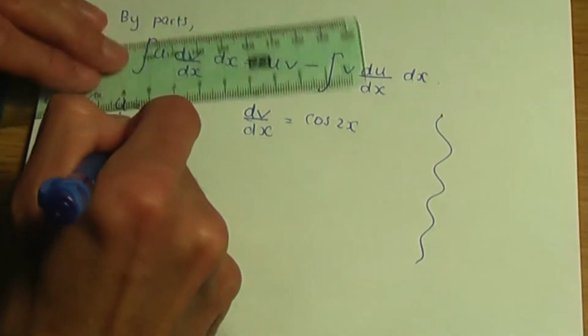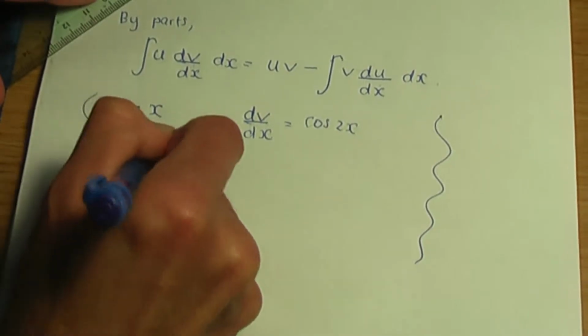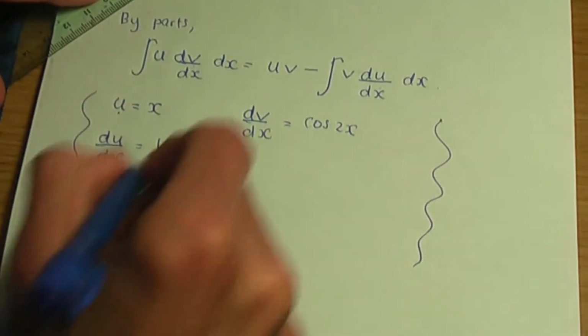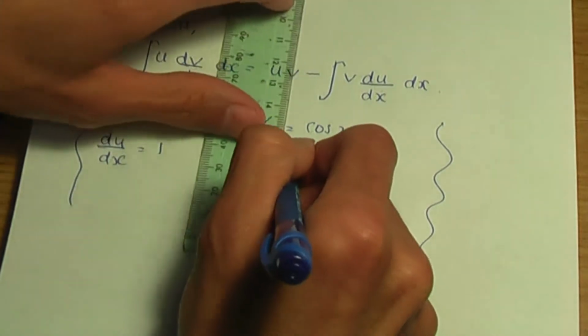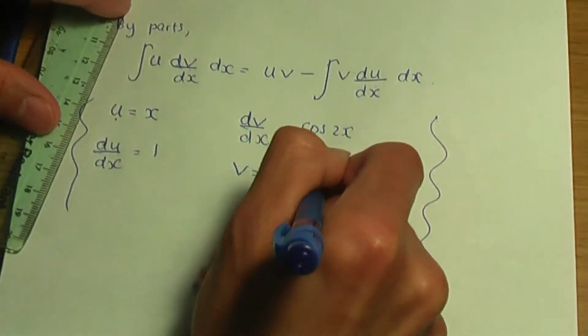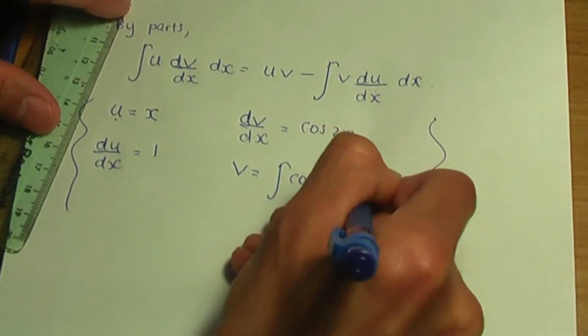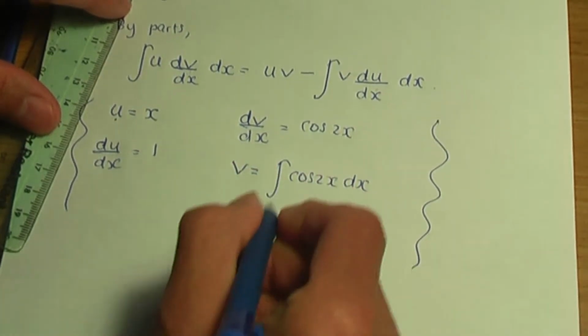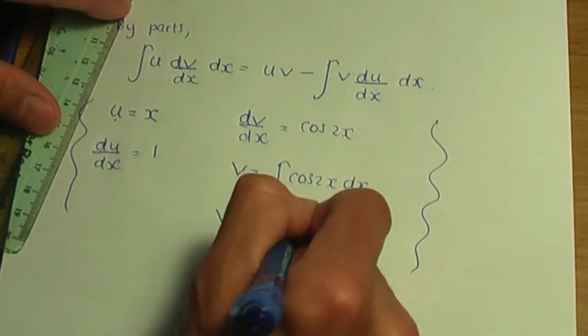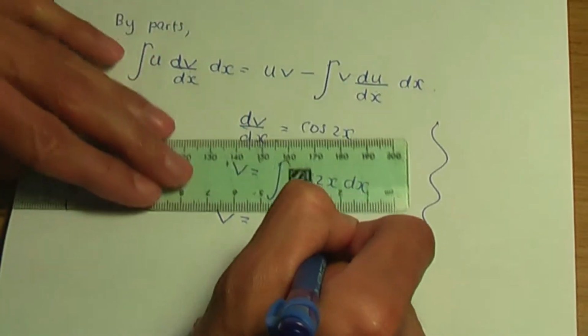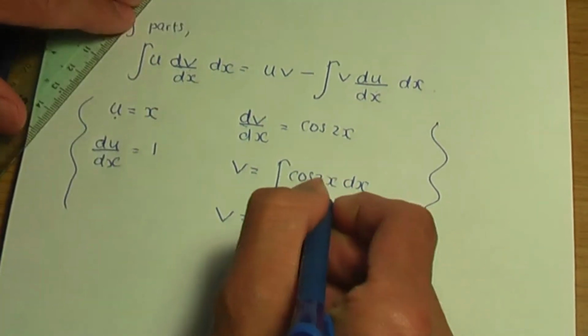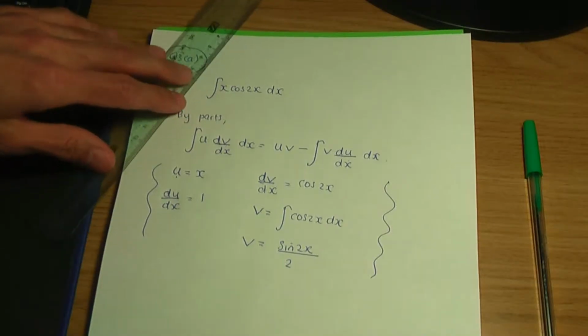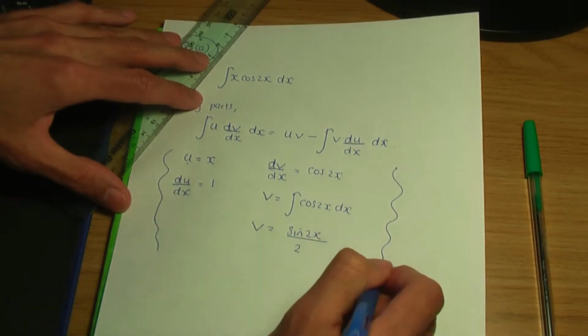Du over dx, so when I differentiate x, I get 1. V on the other hand is the integral of cos 2x with respect to x. And when you integrate cos, it's plus sine, so it's plus sine 2x divided by 2. So that is what you should have for v.